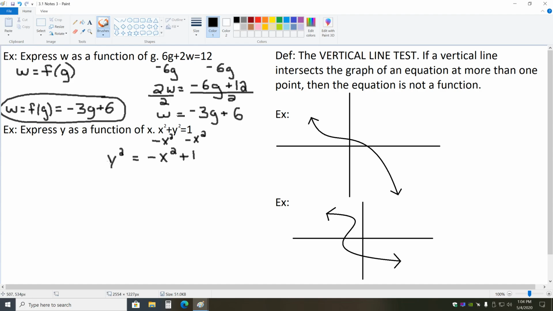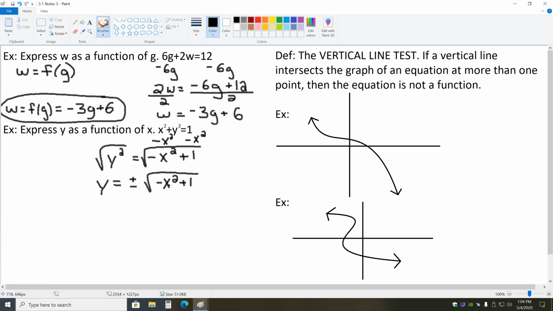And then to get y alone in this case, we need to get rid of that square. So we'll take the square root of each side of the equation, which gives us y equals plus or minus the square root of negative x squared plus 1. Remember, whenever you take the square root of each side, you need a plus or minus. And now notice what happened here.